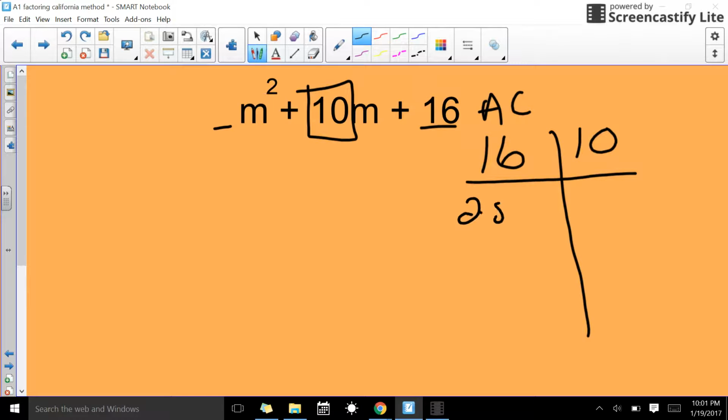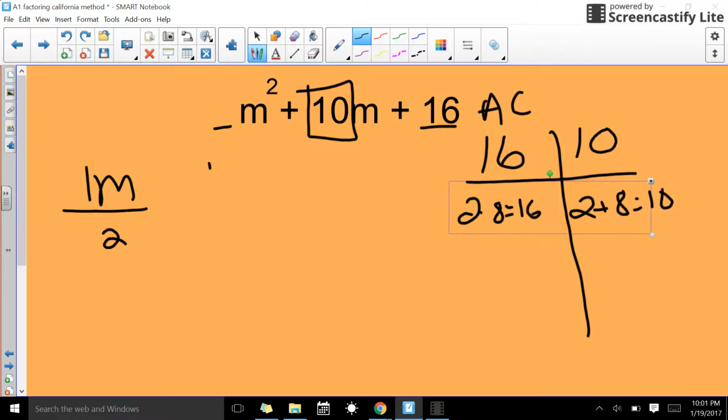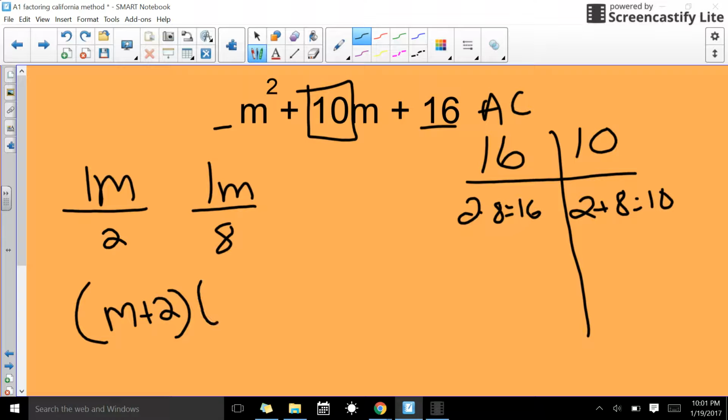So 2 times 8 equals 16, and 2 plus 8 equals 10. All right, great. So this was an easy one. So we come over here and we set it up. 1m over 2, 1m over 8, and they're both positive, so we're going to end up getting m plus 2, m plus 8. That's our answer.